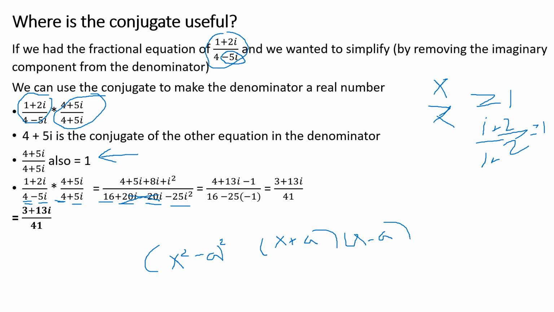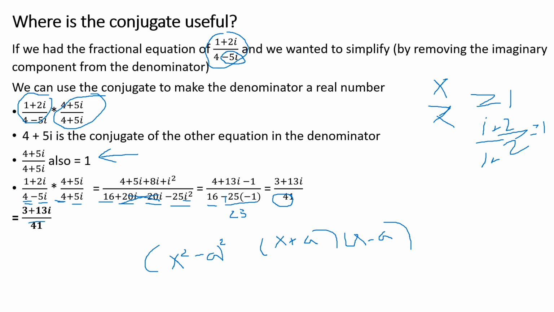So really what we've done here is we've canceled out these two, and now I've got 16 minus 25i squared. Remember, i squared is negative 1. So it's 16 minus 25 times negative 1, which is actually plus 25. Negative 25 times negative 1 is 25. So it's 16 plus 25, which is 41. So our denominator is no longer an imaginary number.